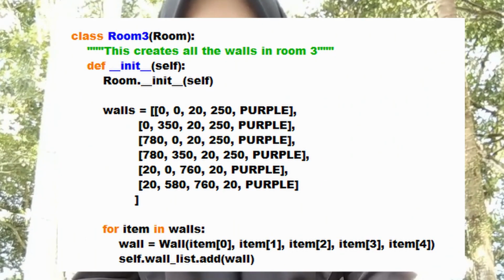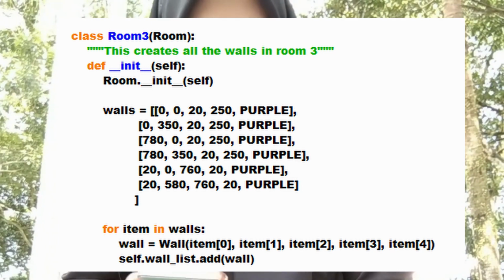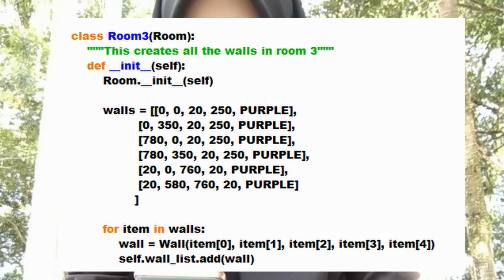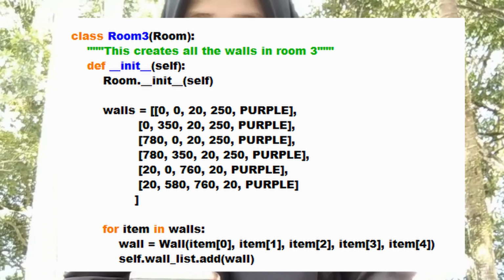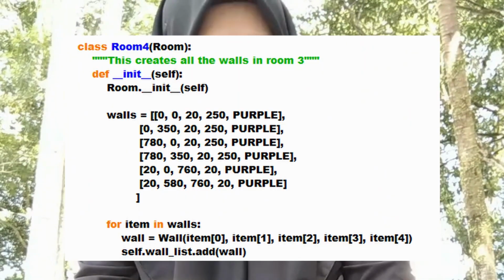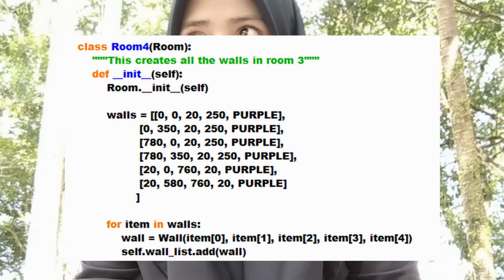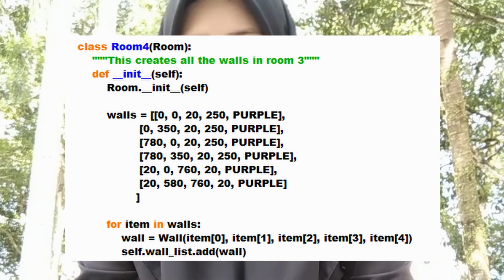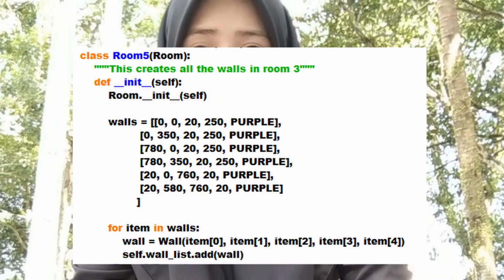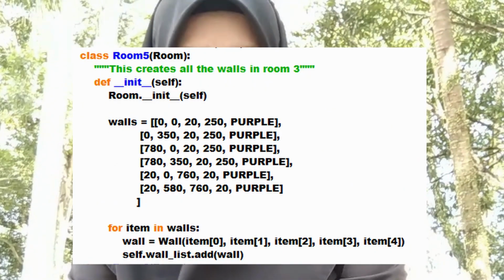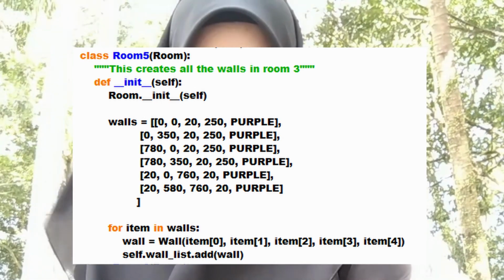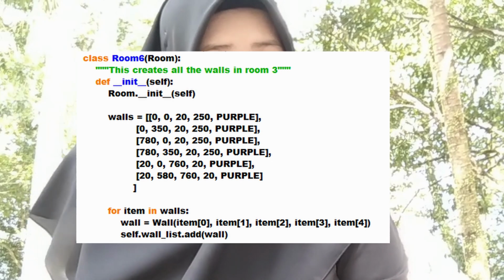This block is used to set the wall for room 3. This block is used to set the wall for room 4. This block is used to set up the wall for room 5. This block is used to set up the wall for room 6.